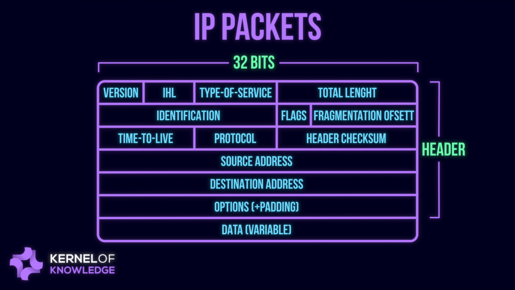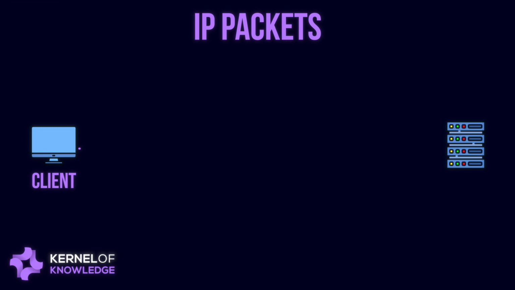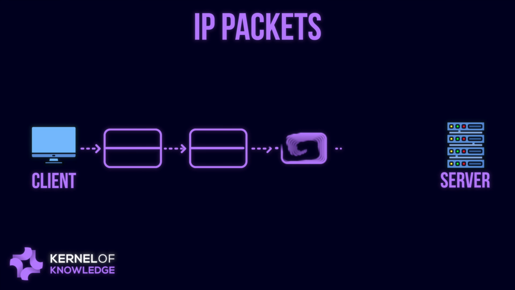You have IP4, which is what we're using in this example, and you have the newer IP6. The max size of a packet is 64 kilobytes in IP4, and it's probably pretty obvious you can't really fit all your data into just 64 kilobytes. So we end up splitting the data up into multiple packets and sending those packets across the internet.